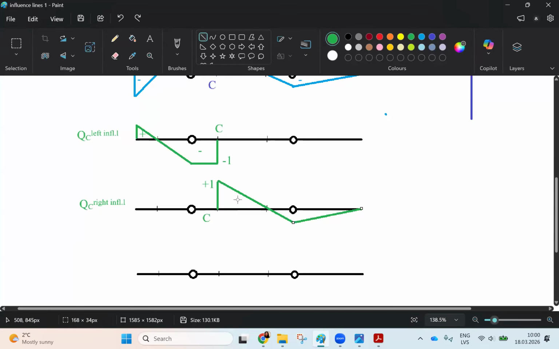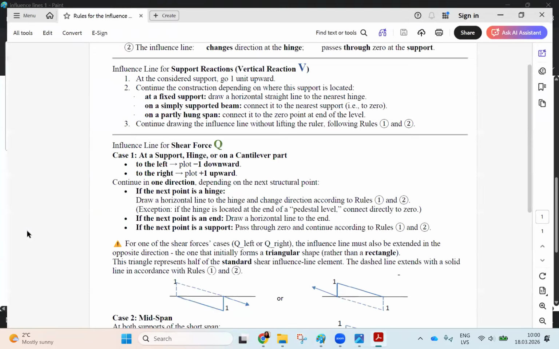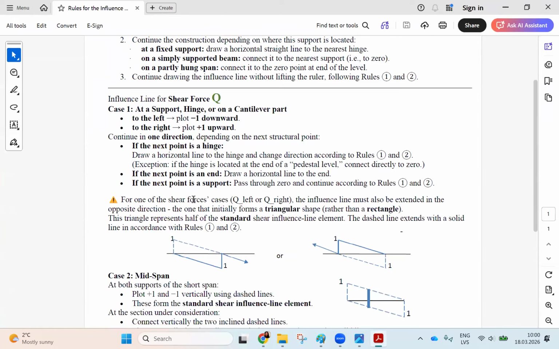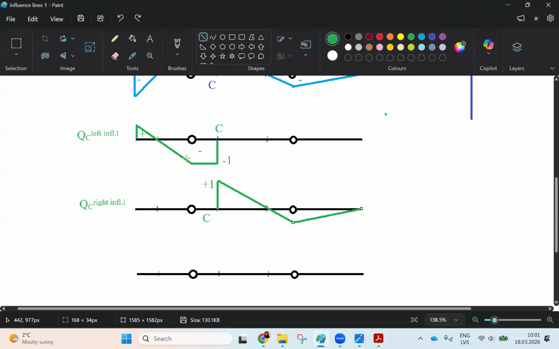We could finish these two, but there's one exception rule: for one of the shear force cases, Q left or Q right, the influence line must also be extended in the opposite direction. The one that is not a rectangle but a triangle. How?